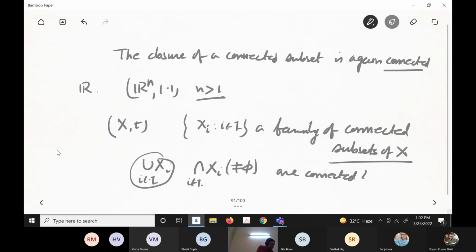In the real line, if I take this, this is connected, but their union is not connected because it's not an interval. So the union need not be connected. But we will say the intersection will be connected if it is not empty, because that will be an interval. That is fine. So the intersection, if it is not empty, will be connected.